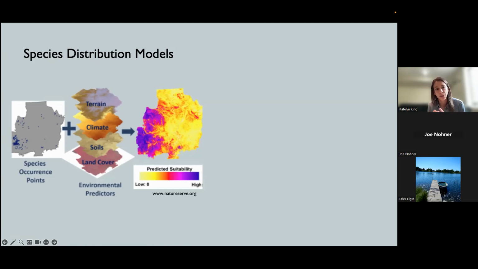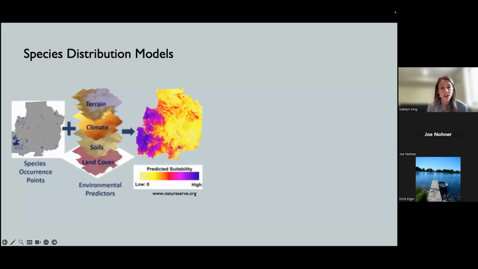So things like terrain, climate, soils, land covers, those are just a few examples. And then the model has this output of suitability, from 0 to 1, where would be the most suitable habitat in the future, depending on these environmental variables and where we've seen that species in current times.